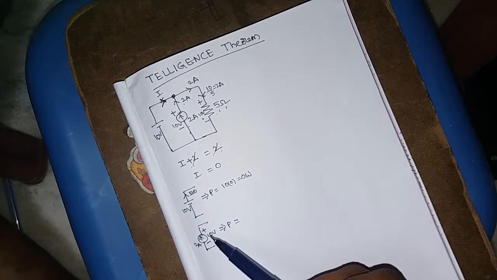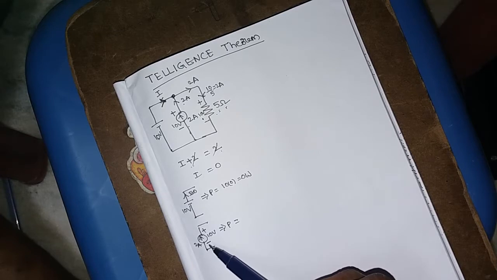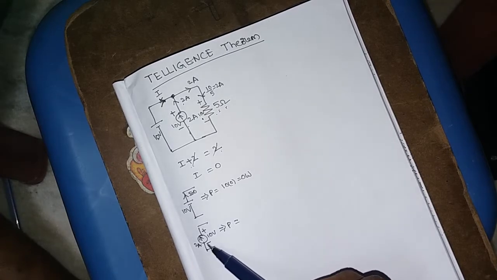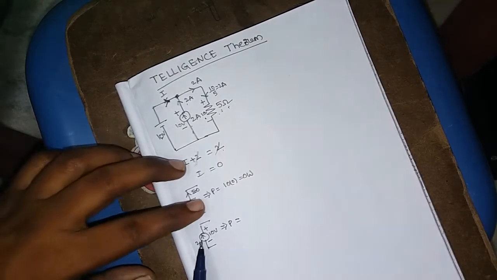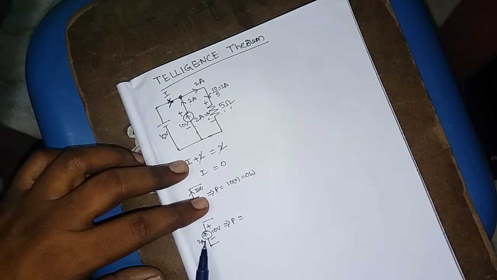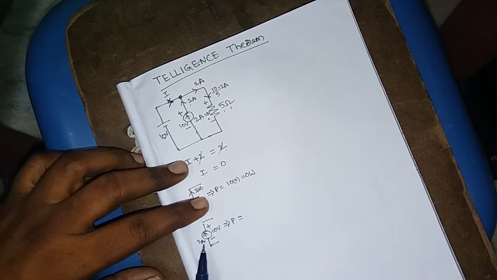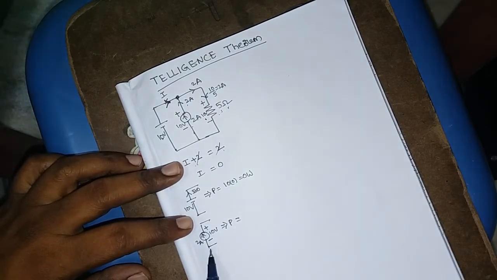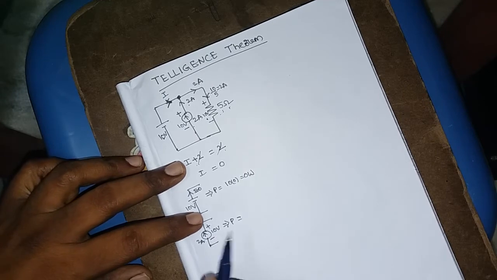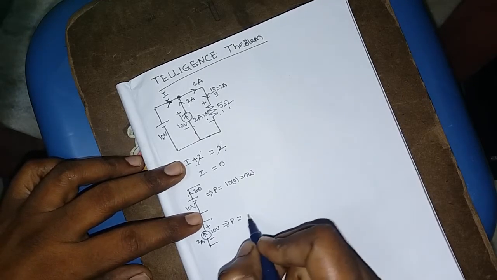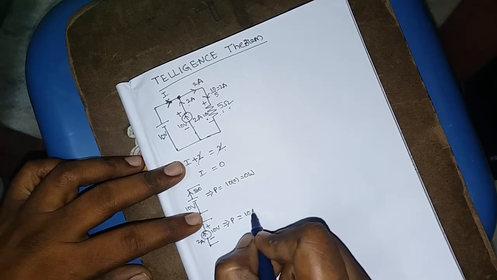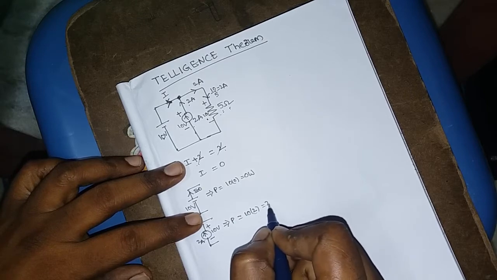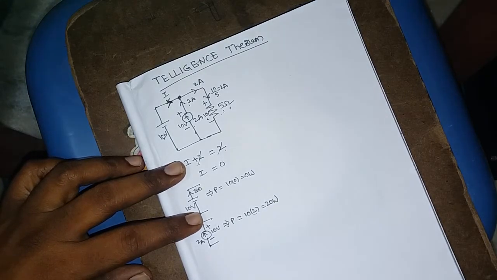When the potential terminals of the current source are such that the direction of the arrow indicates positive and the tail of the current indicates negative, then the power delivered by the current source is positive. Otherwise the power delivered by the current source is negative. So P is equal to VI, that is 10 into 2, which is equal to 20 watts.